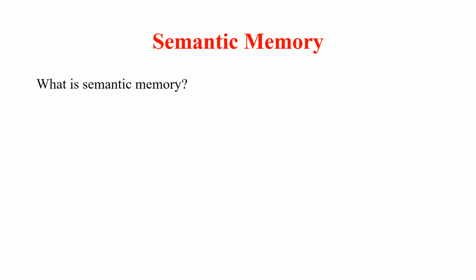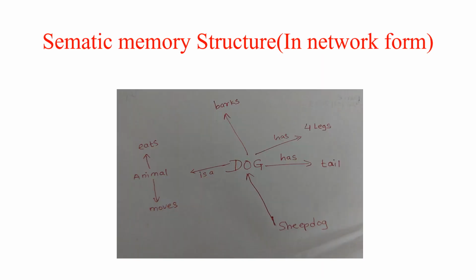Okay, so in the semantic memory structure, one form is the network form. Okay, so let us see in the figure. Suppose it is in the network form, then it will look like this.